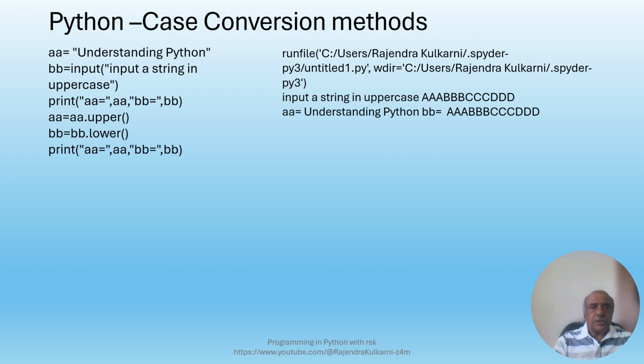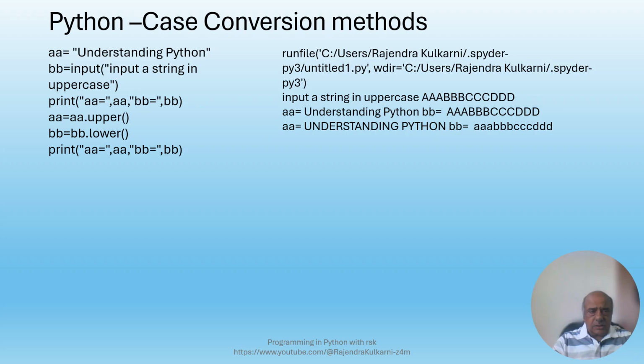Then we use the methods AA.upper and BB.lower. Print AA and BB. What we get is AA, which was understanding Python in lowercase, now has most of its characters converted to uppercase.